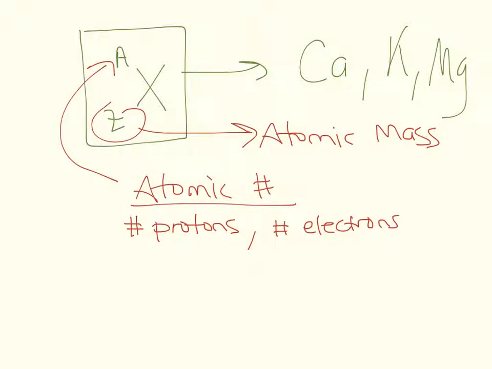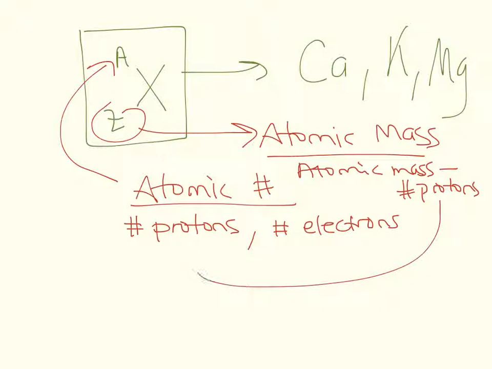So the Z in our situation here represents the atomic mass. And the atomic mass will help us determine the number of neutrons we have, because we will take the atomic mass itself and subtract the number of protons that we were able to determine from the atomic number to determine the number of neutrons.